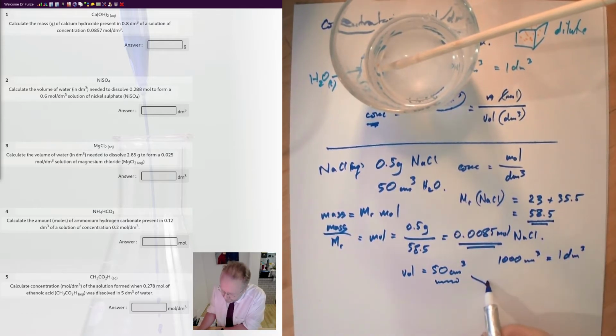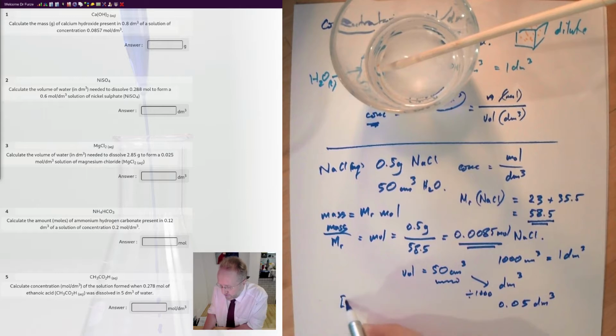So we need to convert that into decimetres cubed by dividing by 1,000. Because centimetres cubed are 1,000 times smaller than decimetres cubed, we are going to have 0.05 decimeters cubed.